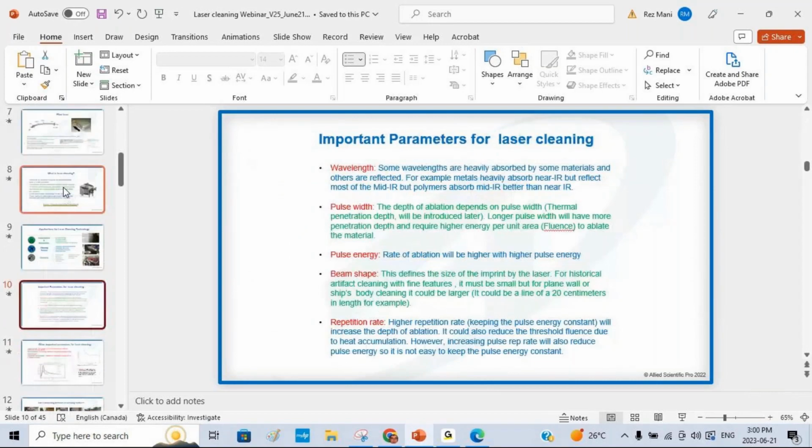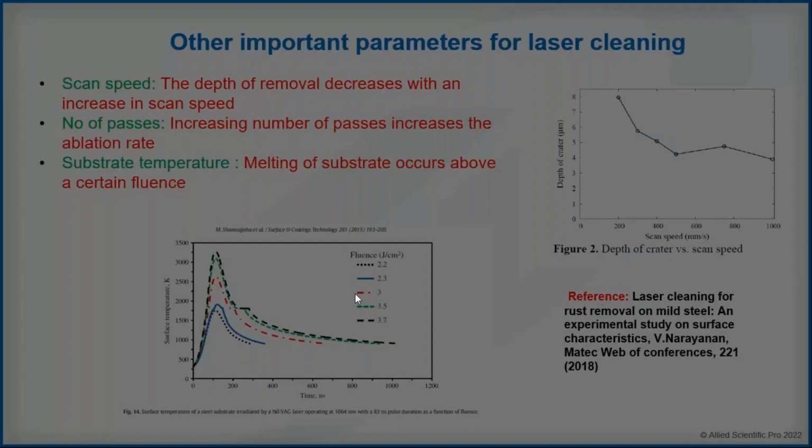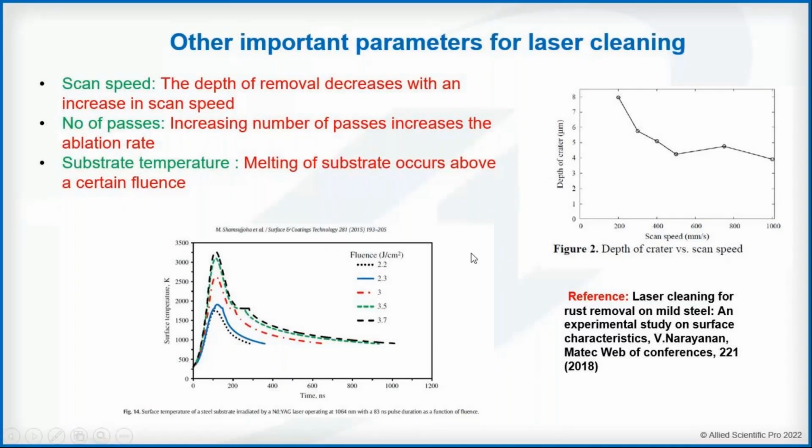I did not talk about this particular graph, but this was removing rust from stainless steel. The y-axis is the temperature in Kelvin, and this is the fluence. Different colors represent the fluence. The melting point of stainless steel is about 1800 Kelvin.